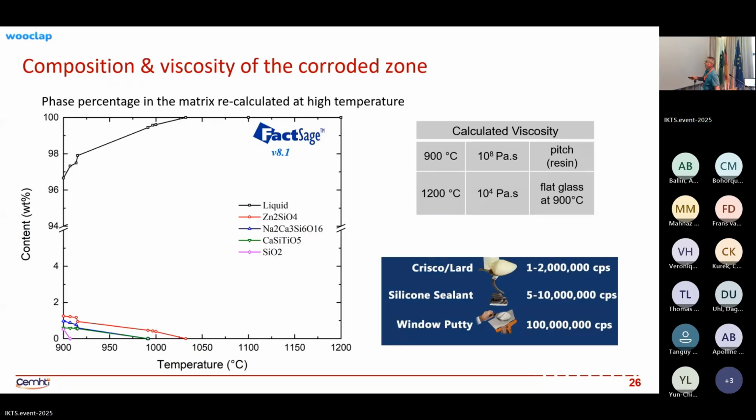If you want to have an idea, the honey and the molasses were somewhere above this figure, and now we are in this area corresponding to silicon sealant, for instance. So something very, very viscous.